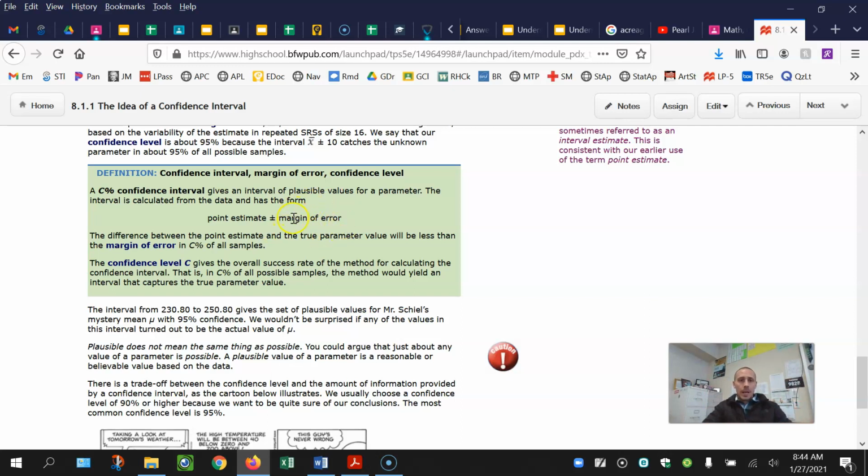So I'm going to add and subtract the margin of error. It might be 5%. So 15 minus the 5 is 10. 15 plus the 5 is 20. So that's where I'm saying, hey, I'm 95% confident the true proportion of people with blue eyes is between 10 and 20%. And if the real parameter is somewhere in there, I wouldn't be shocked because I'm 95% confident that it falls within that interval from 10 to 20.